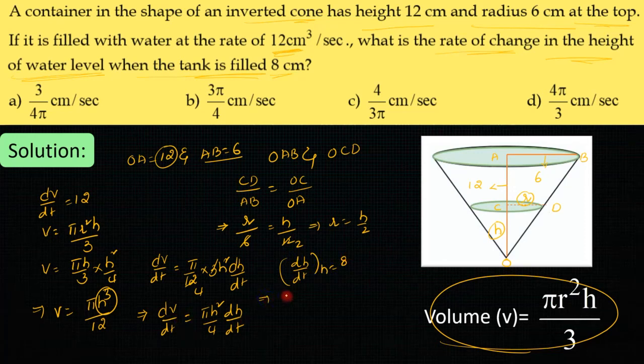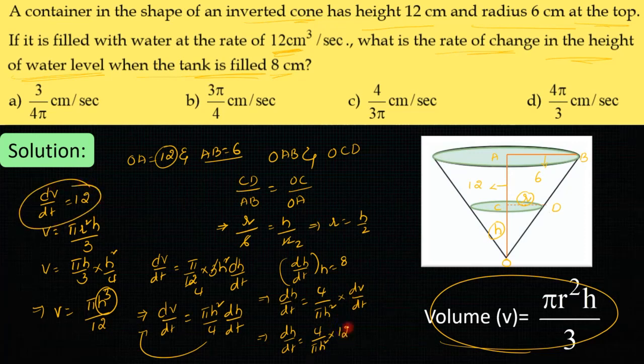From this, dh by dt is equal to 4 by pi h square into dV by dt, which is 12. This implies dh by dt is equal to 4 into 12, that is 48, divided by pi into h square.